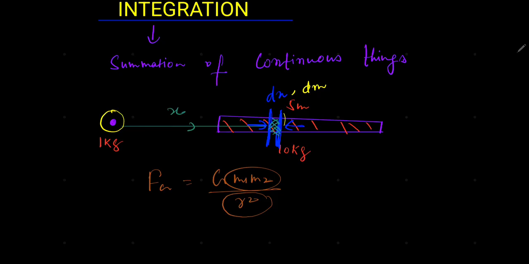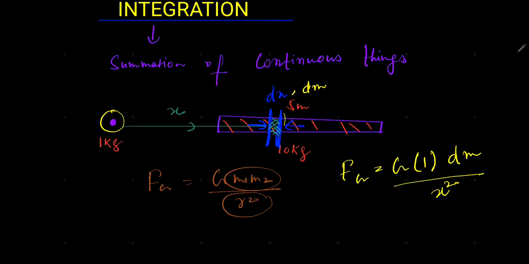So between 1 kg and dm, the gravitational force is basically G into 1 into dm, and the distance between them is x. We are ignoring dx since it is very small. If you write x plus dx, it will remain as x. Okay, so it is the gravitational force between the 1 kg mass and dx.